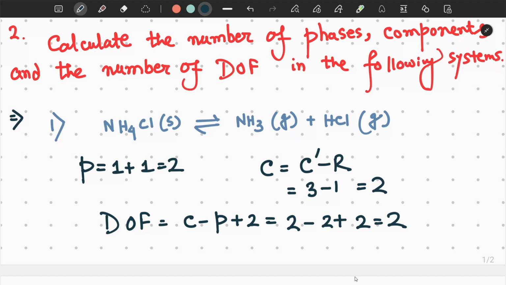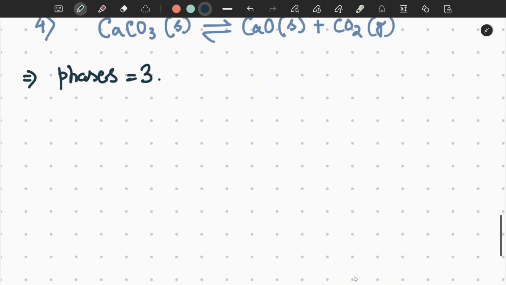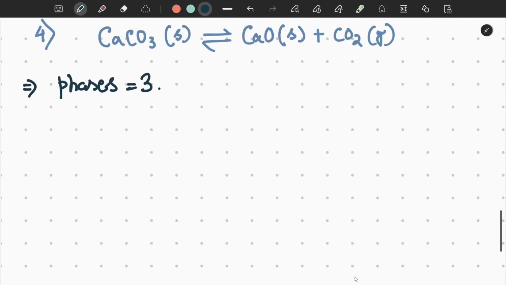In air, lots of gases are there, but you cannot distinguish them. Phase means physical: P for physical, C for chemical. That's how I remember. If you can distinguish physically, that means they are different phases. For solid and liquid, it is different.